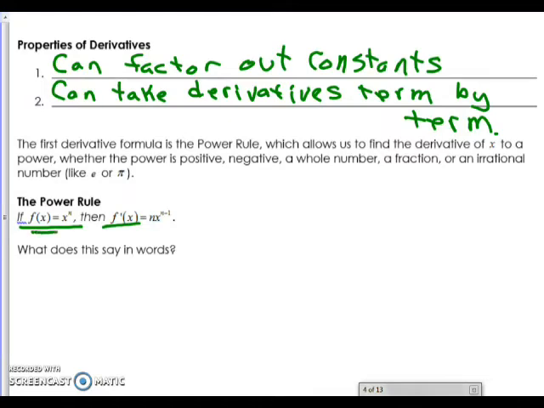Well, to get from the first one to the second one, all you do is take the n out front. So you multiply the exponent by the leading coefficient. In this first example, remember that leading coefficient was a 1.